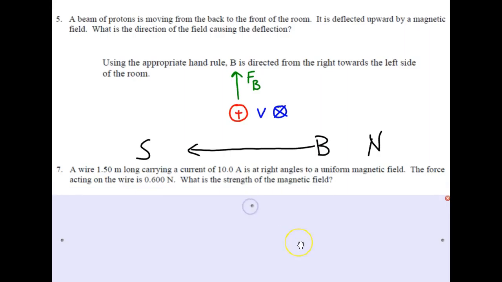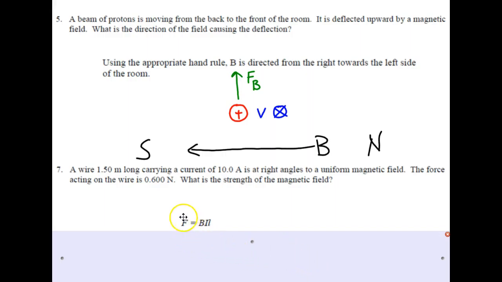Lastly, number 7. A wire 1.50 meters long carrying a current of 10 amps is at right angles to a uniform magnetic field. The force acting on the wire is 0.600 newtons. What is the strength of the magnetic field itself? Well, the equation to calculate the force on a current carrying wire in an existing magnetic field is F equals BIL.